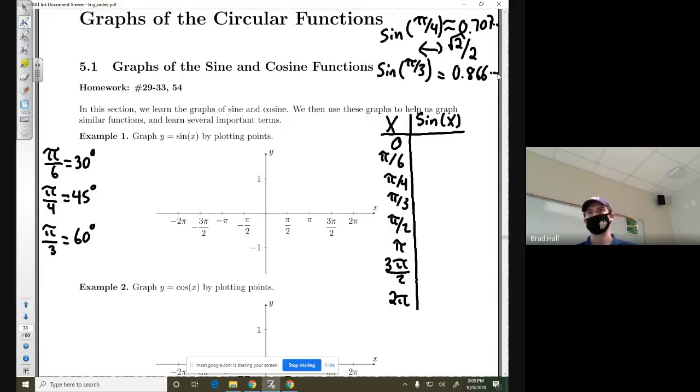That's another decimal you need to be familiar with. That corresponds to the square root of 3 over 2. And that's really the two main ones.